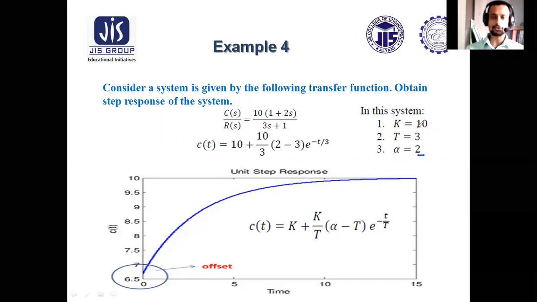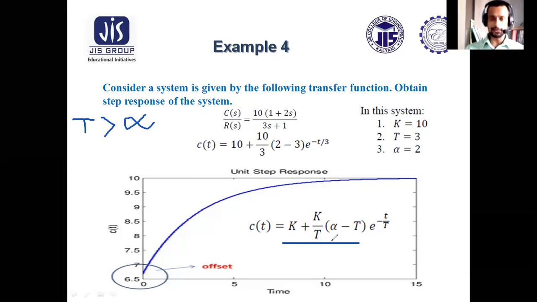So this clearly shows T is greater than alpha. So if T is greater than alpha, then what will happen? This is the general expression for output which we derived a few slides back.